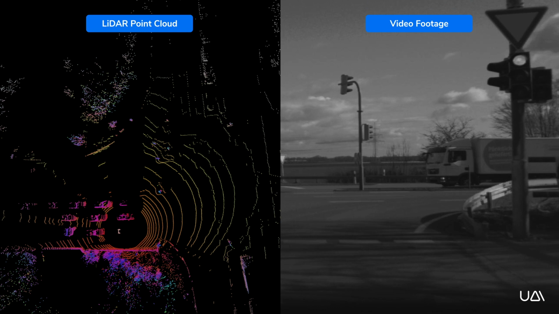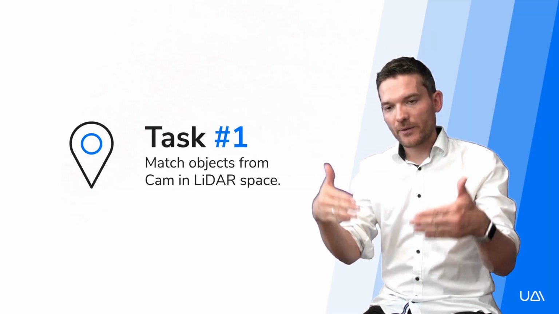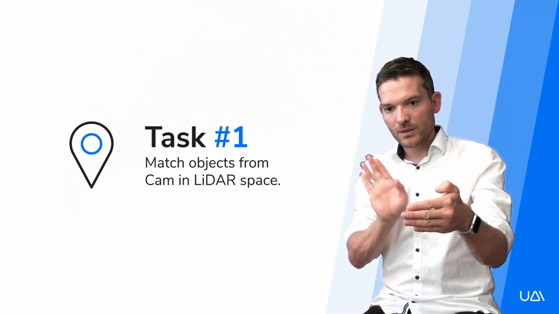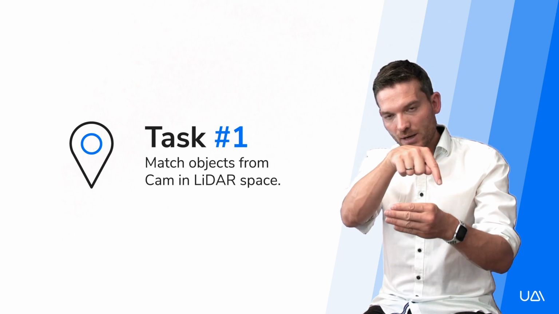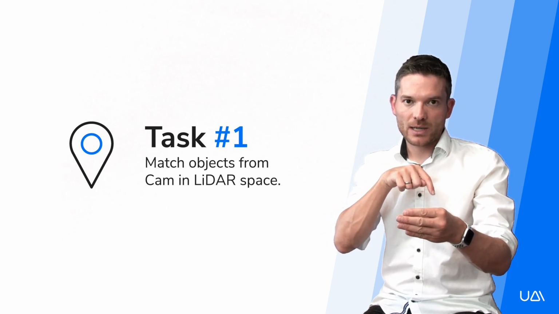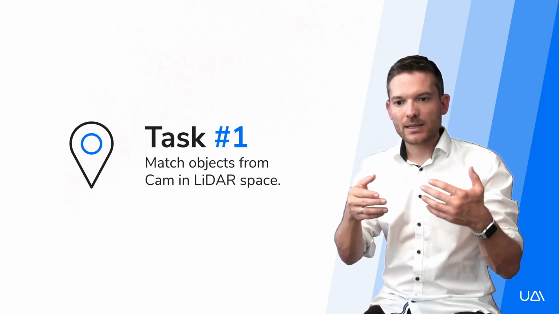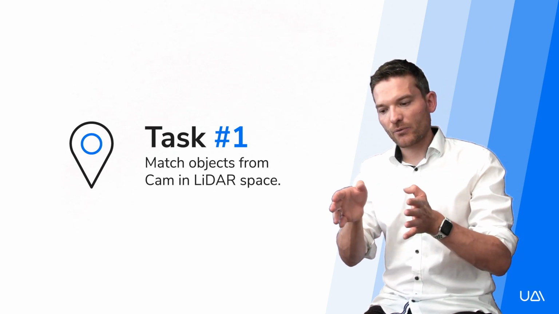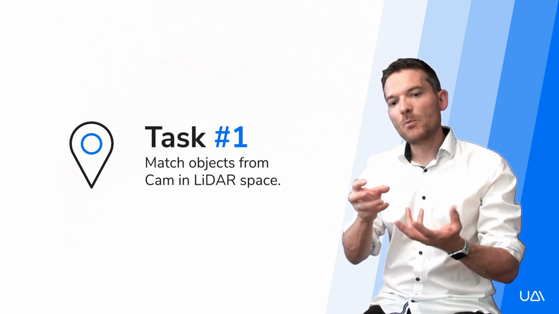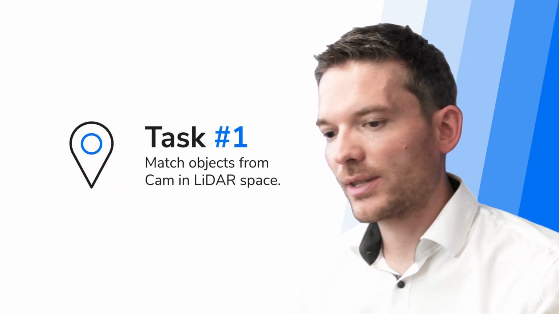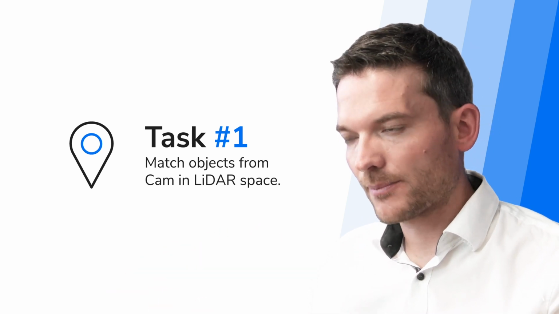What you typically have is a LiDAR scan with corresponding cam footage, and the LiDAR scan is a 360-degree LiDAR, for example, which is scanning the whole surrounding of the car. And then you have a variety of cams, maybe 8 or so, which cover the same area from a cam perspective. Typically, there's a different angle and a different coverage for each cam and also for the LiDAR, and this is what makes it somewhat tricky to navigate yourself in this space.